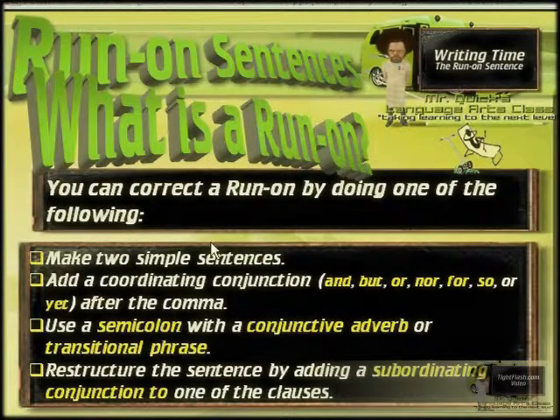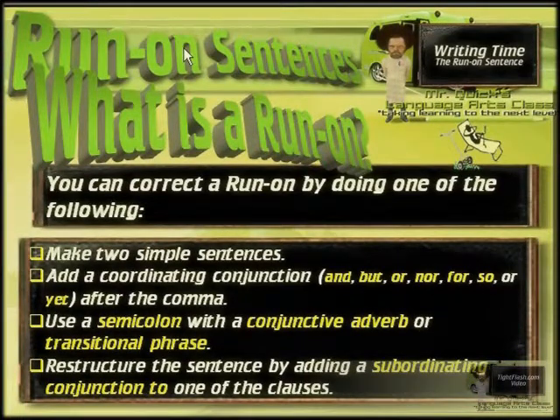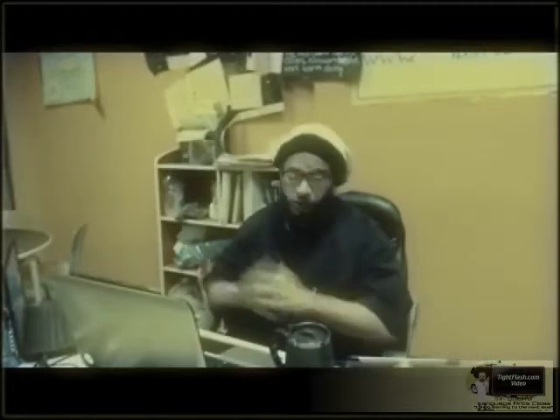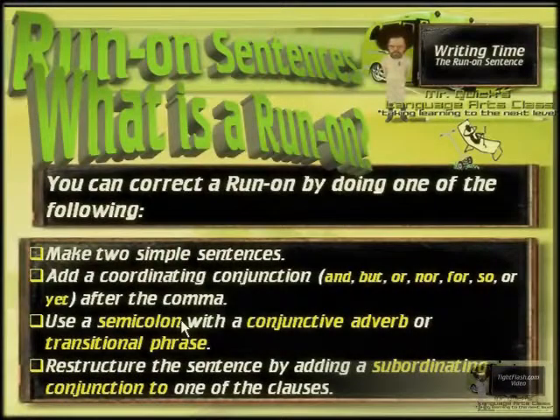So I need you to make sure, as you went over the SCORM, that you dealt with how to correct these types of errors. And they're really easy to correct. I mean, you could take the two independent clauses and make two simple sentences. You can add a coordinating conjunction, of course, one of the fanboys.